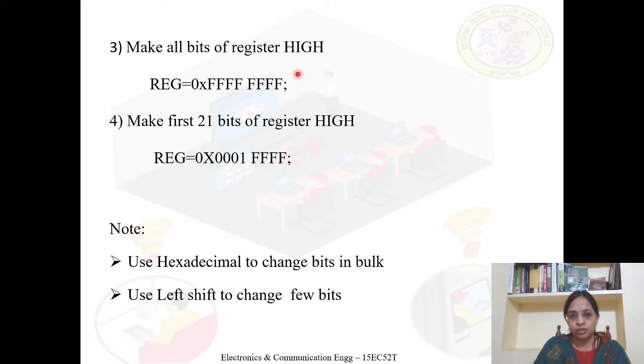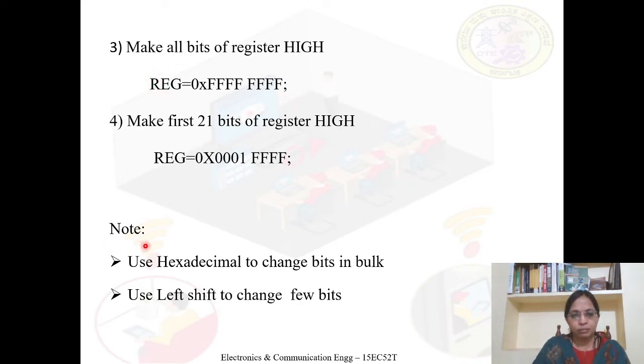Here I have used only the hexadecimal number format, because if I want to make more than, let us say, 3 or 4 bits high, then it is not convenient to use the binary representation. At that time we have to go only for the hexadecimal representation.